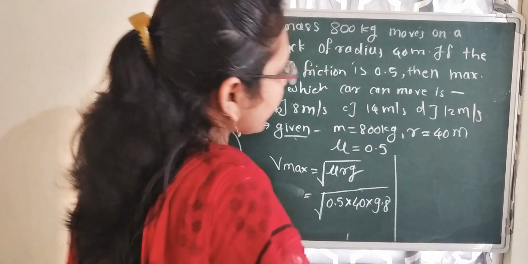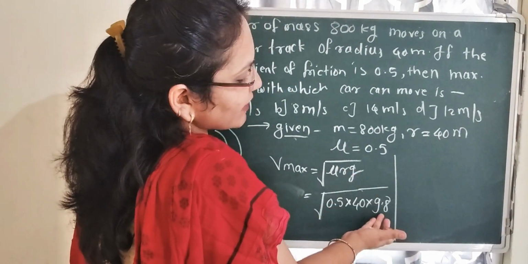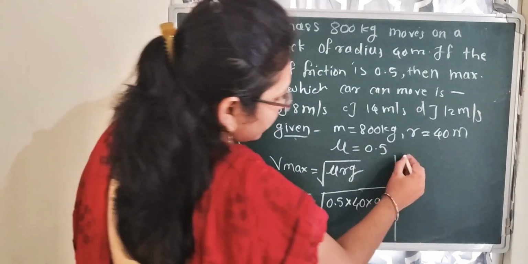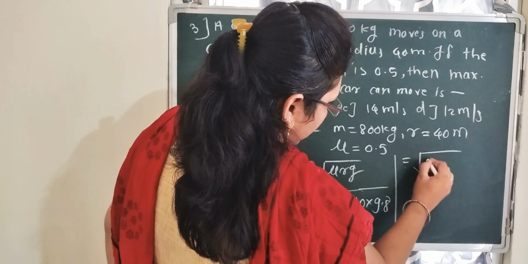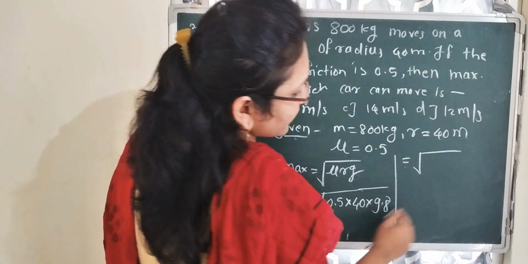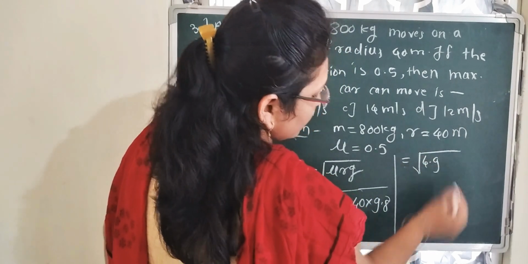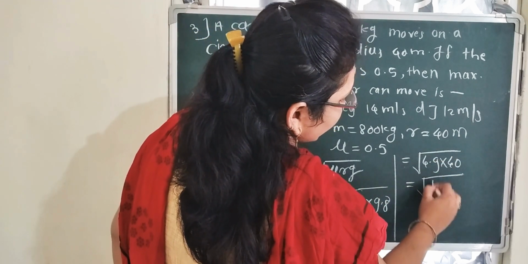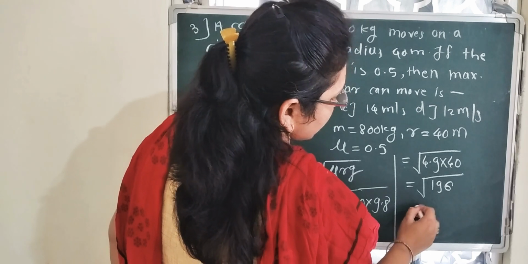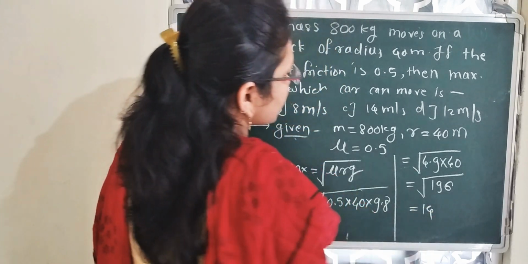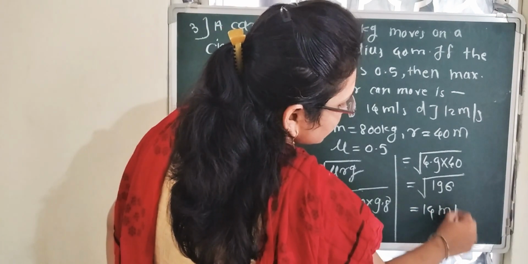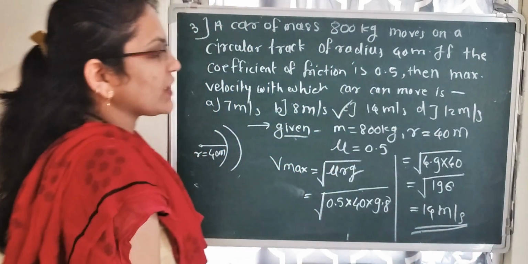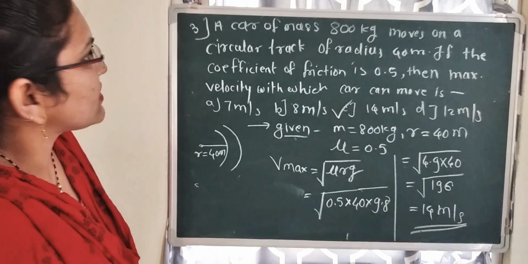Here in place of g we can put 9.8 instead of 10, then we get root 0.5 into 9.8, that is 4.9 into 40, so we get root 196, and root 196 is 14 meter per second. So the final answer is 14 meter per second, option number C.